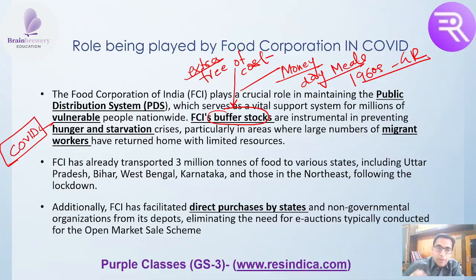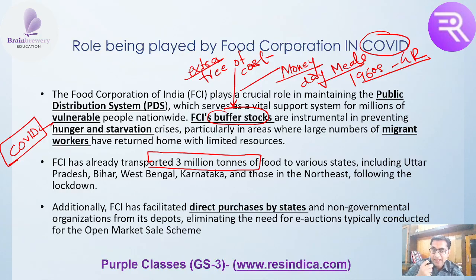If we go by this lockdown concept, here we see the role played by FCI in COVID-19. Around 3 million tons of food grain was sent to UP, Bihar, West Bengal, Karnataka, and various other places. 3 million tons is a huge amount of food grain, and since we have a very good transportation system, we were able to procure and send it to various parts of the country.